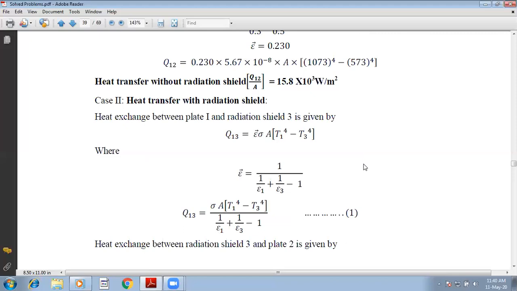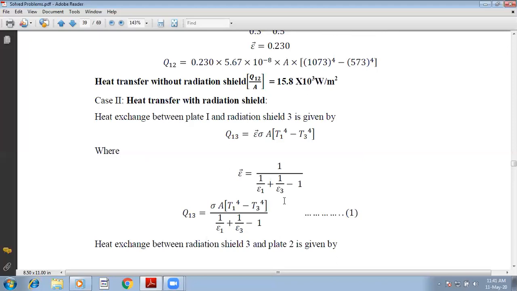Now, the expression for the heat exchange between plate 1 and the radiation shield is given by Q1 to 3 as sigma A into T1 to the power 4 minus T3 to the power 4 upon 1 upon epsilon 1 plus 1 upon epsilon 3 minus 1, where epsilon 1 is the emissivity of the first surface, epsilon 3 is the emissivity of the radiation shield. Again, T3 is the temperature of the radiation shield.